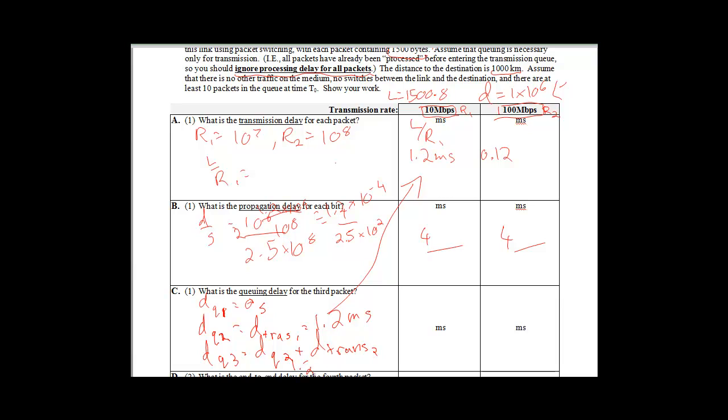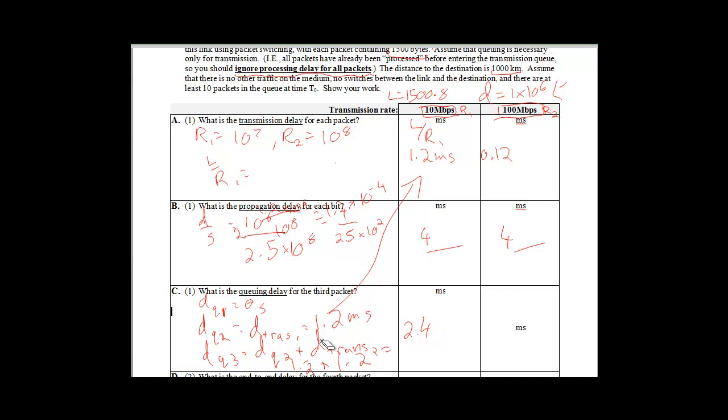So this is 1.2 plus 1.2 gives 2.4 milliseconds. Oftentimes when we look at queuing delays, we look at the queuing delay for all the previous packets plus the transmission delay for the most recent packet.